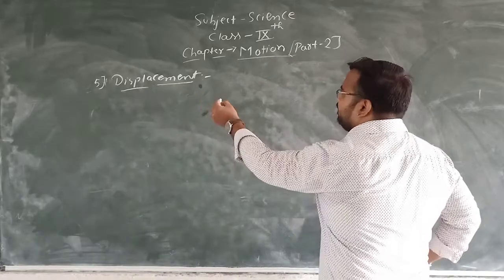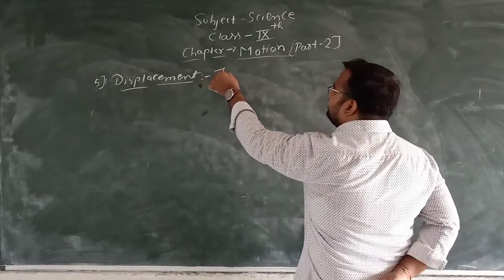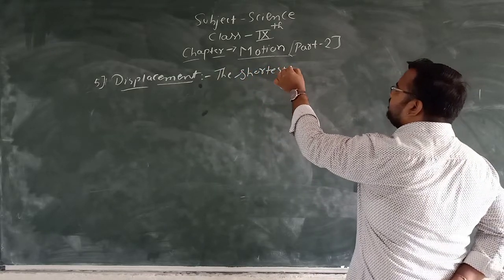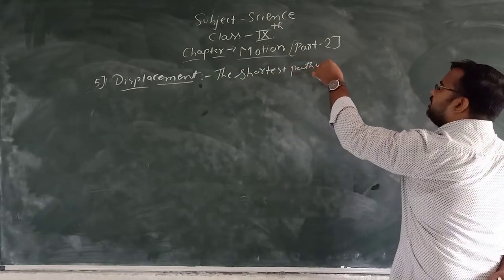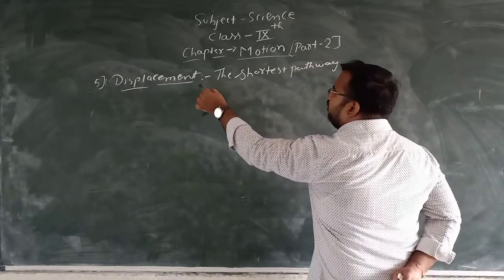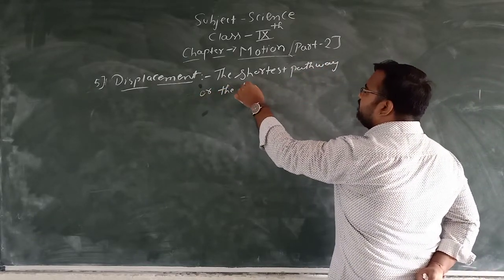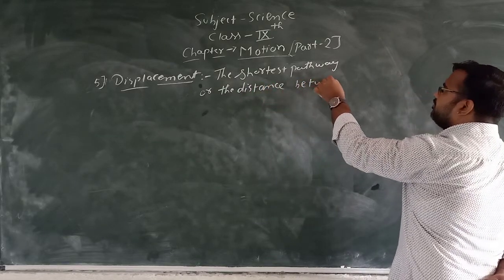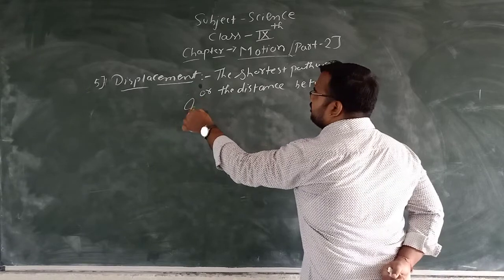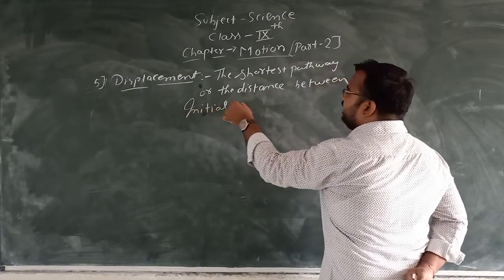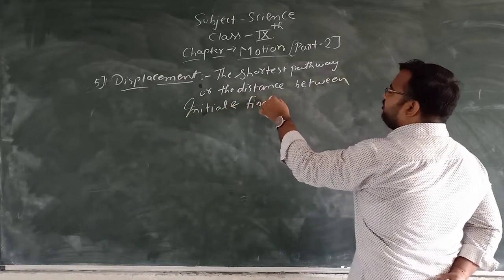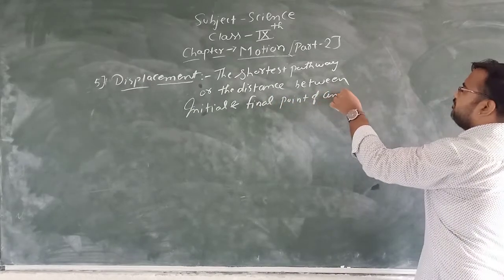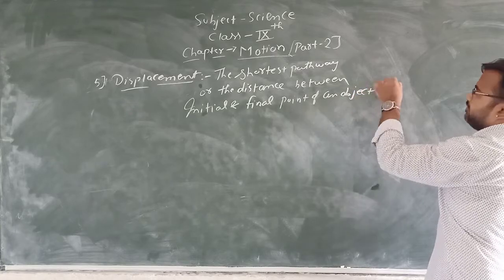So what is displacement? Displacement is the shortest pathway or the distance between the initial and final point of an object.